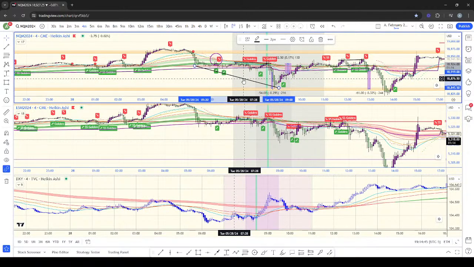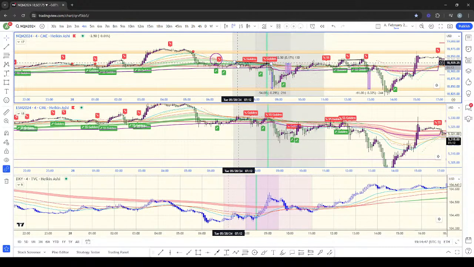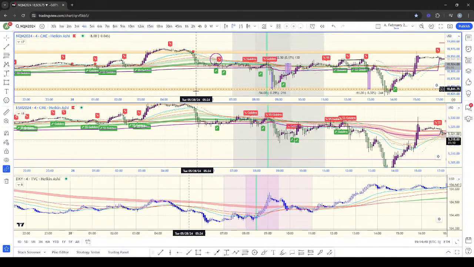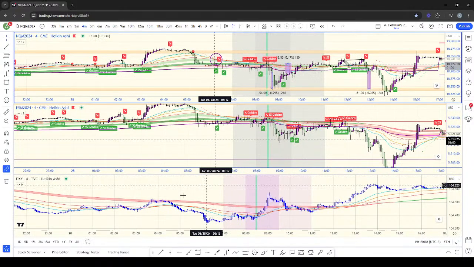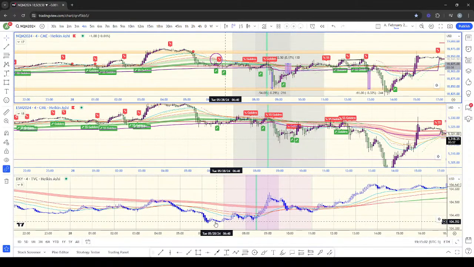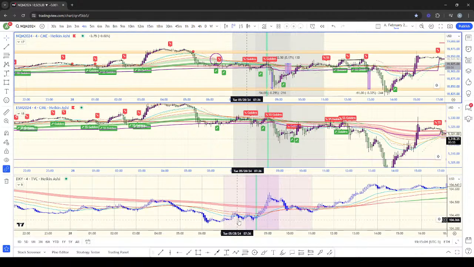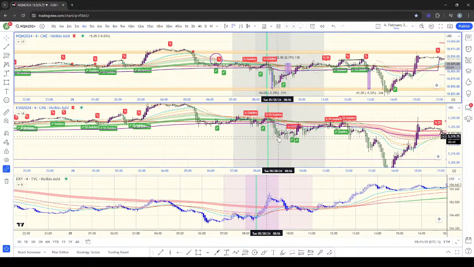The really cool thing about this, for those that aren't familiar with it, is that the dollar index shows the inverse on the ES and on the NQ. So if price on the dollar index is moving up, on ES and NQ it shows it moving down.